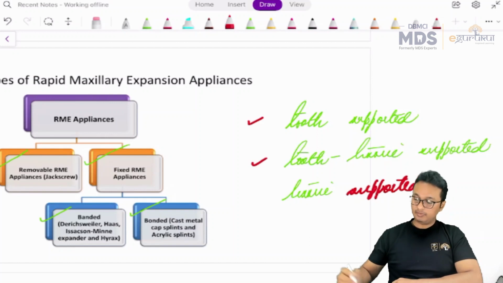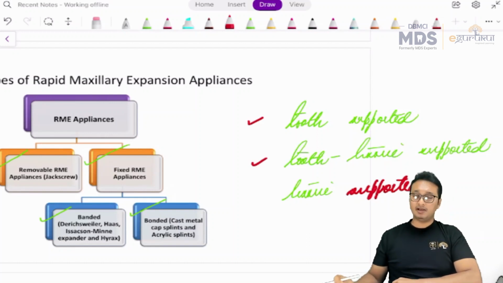So tooth supported examples could be the Hyrex RME appliance, and the tooth tissue supported could be the Derichsweiler appliance or Haas appliance.